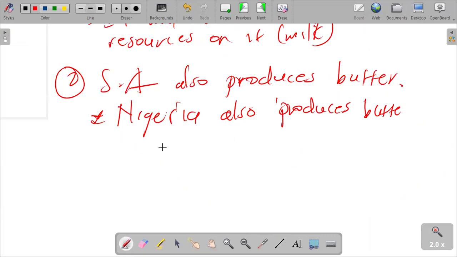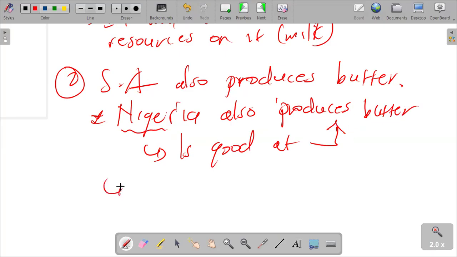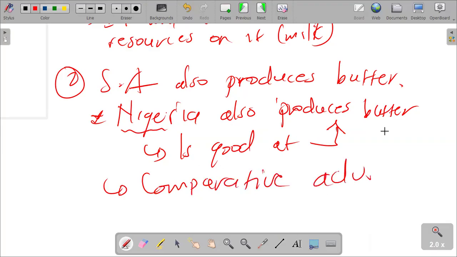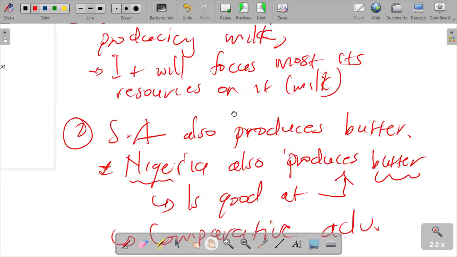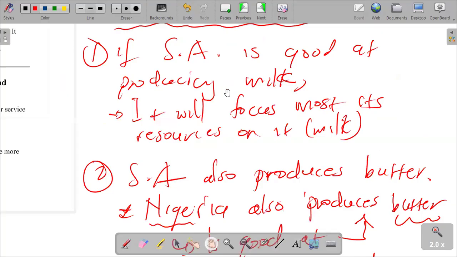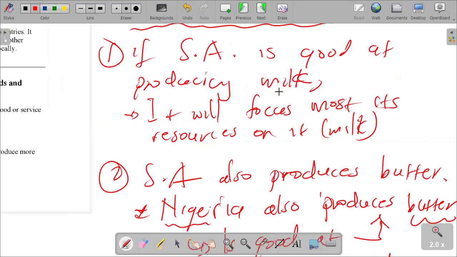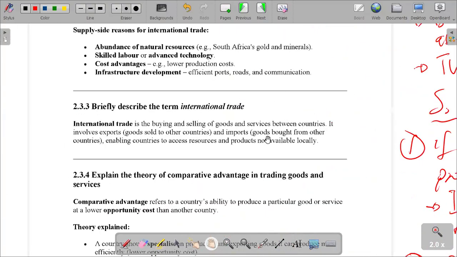If it happens that Nigeria is good at producing butter, that will be their comparative advantage. So they will focus on what? On producing butter. And South Africa will focus on what? On producing milk, because this is what they are good at. So that's what a comparative advantage simply means.